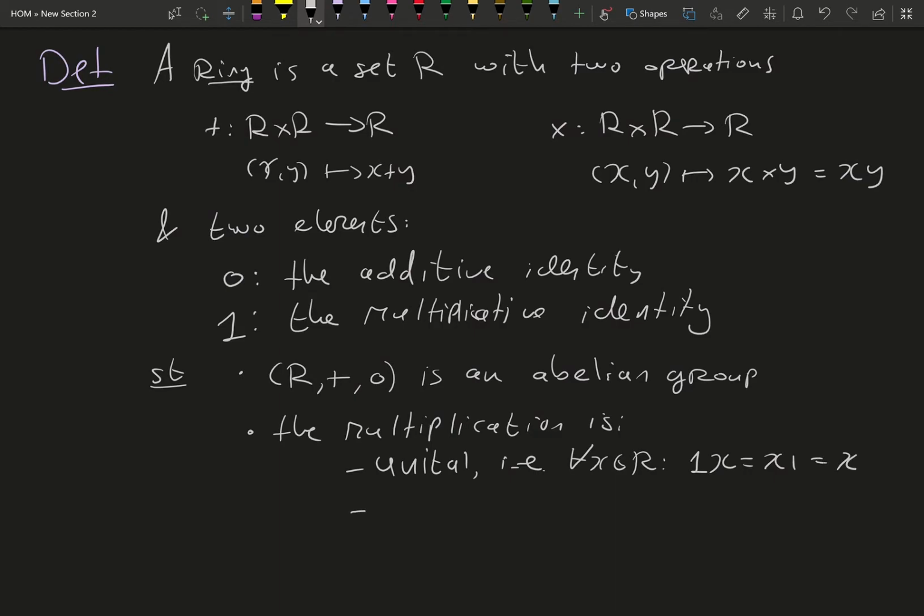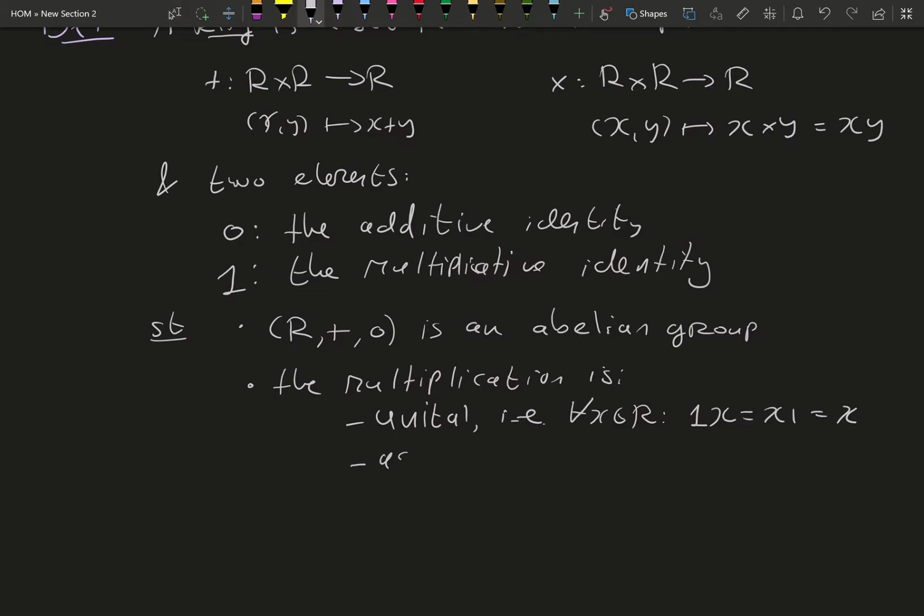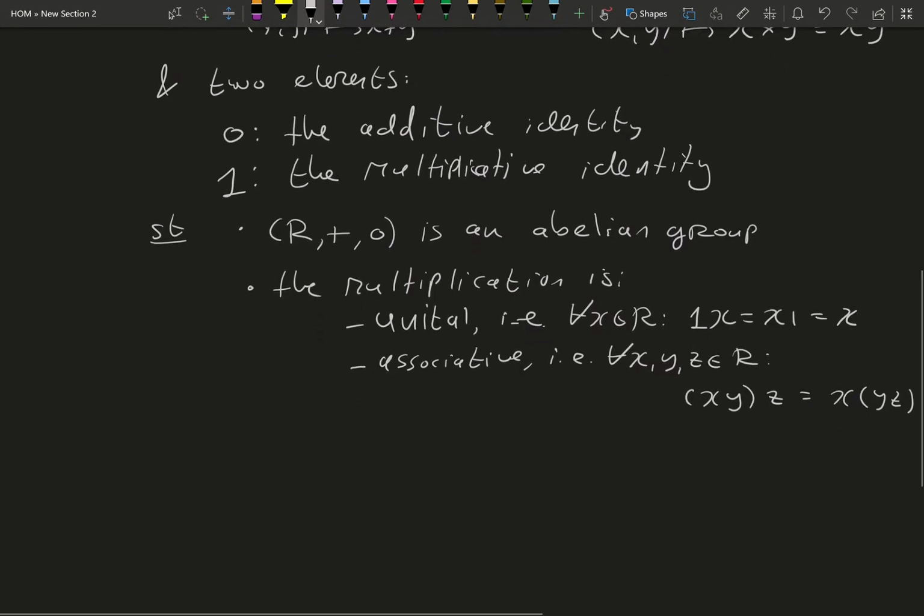And then we have that multiplication is associative, meaning that for all x, y, z in R, (xy)z is x(yz). So if you have any number of elements in R, it doesn't matter in which order you multiply them together.